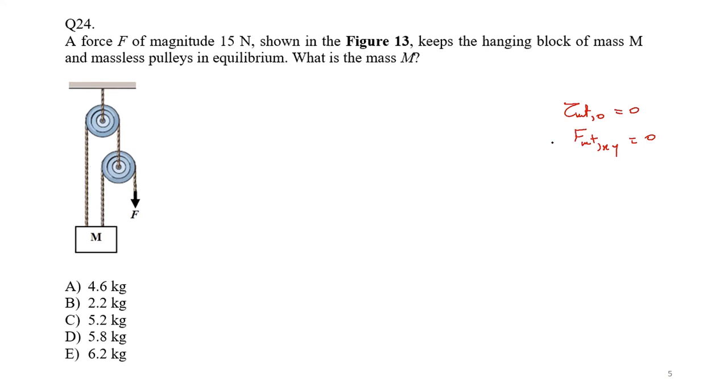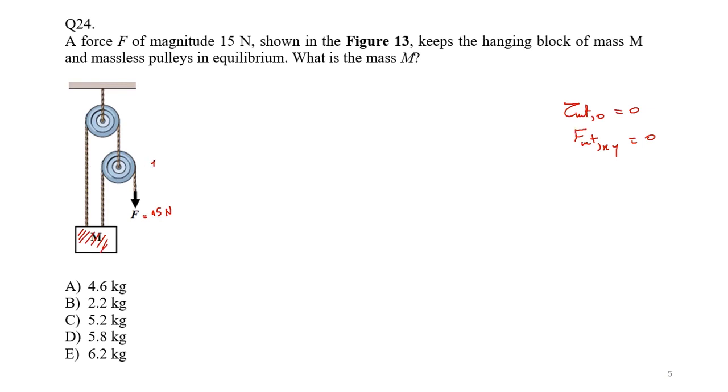Now here, let's see what we have. So we have a force F of magnitude 15 Newton, shown in the figure. This force F keeps the hanging block of mass M and the massless pulleys in equilibrium. So this block here is in static equilibrium.